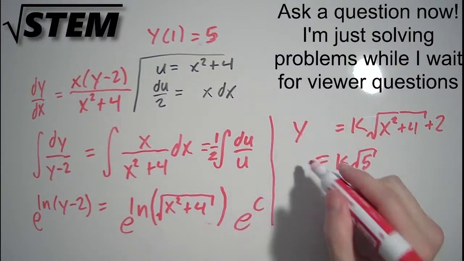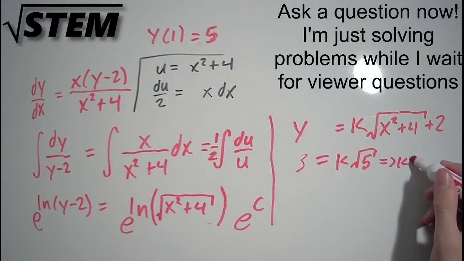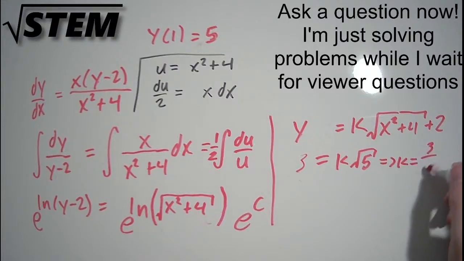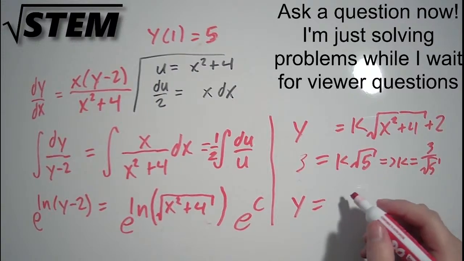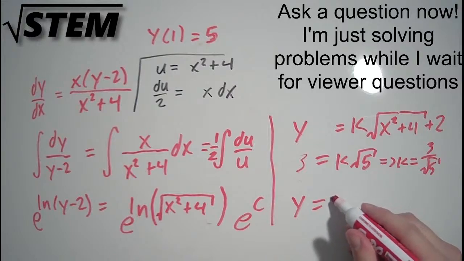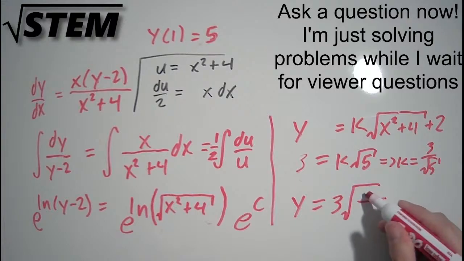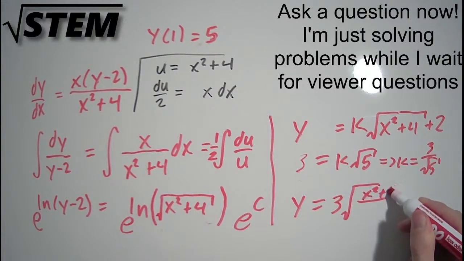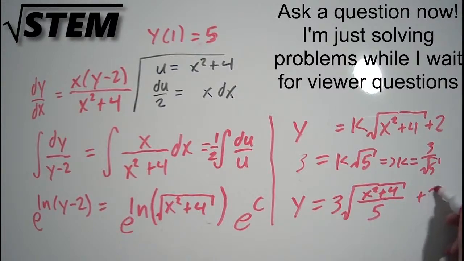We'll get 3 over here, and then that means k equals 3 divided by the square root of 5, which is a really weird number. And so our final particular solution to this differential equation is, I'm actually going to say it's 3 times the square root of x squared plus 4 over 5, then plus 2.